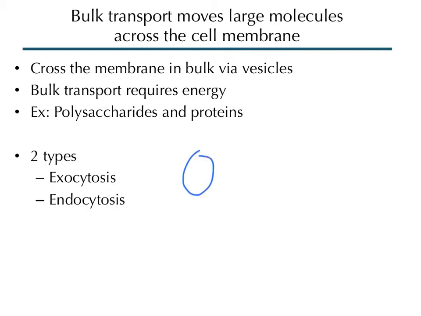So here's your cell, and here's your little vesicle filled with products. The vesicle is going to fuse with the plasma membrane, and then, like this, it will dump those products out of the cell. That's exocytosis. Endo means in or inward, so endocytosis is the opposite.